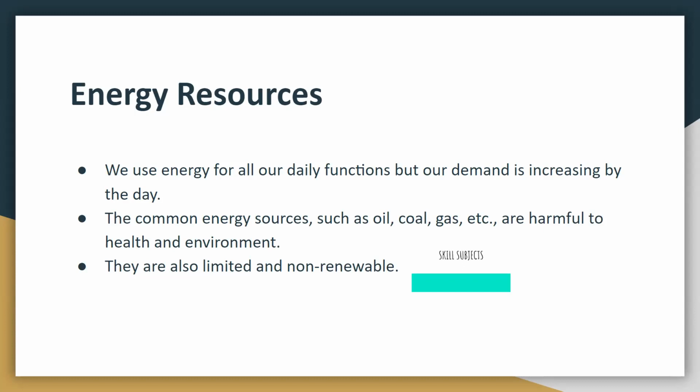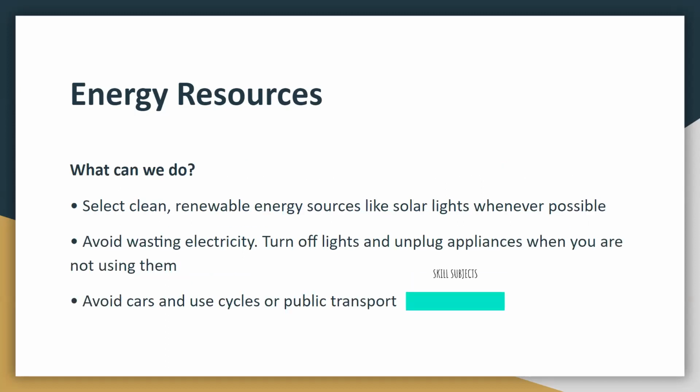The common energy sources, that is oil, coal, gas, etc., are harmful to health and environment. They're not good for us as well as for the environment at large. They are also limited and non-renewable. As in, it takes years and years for the coal to be renewed. So we need to be very cautious about using these energy resources.